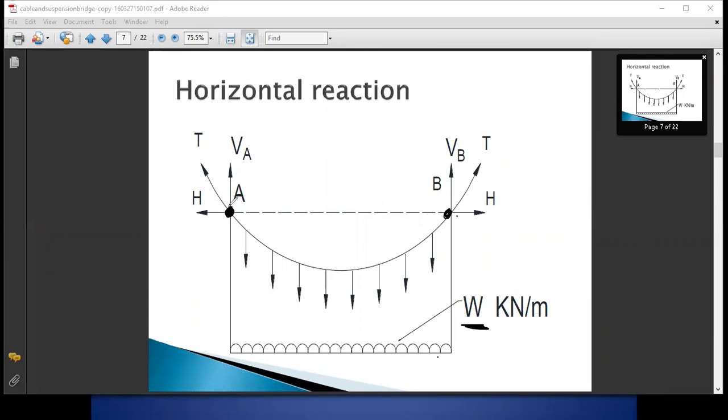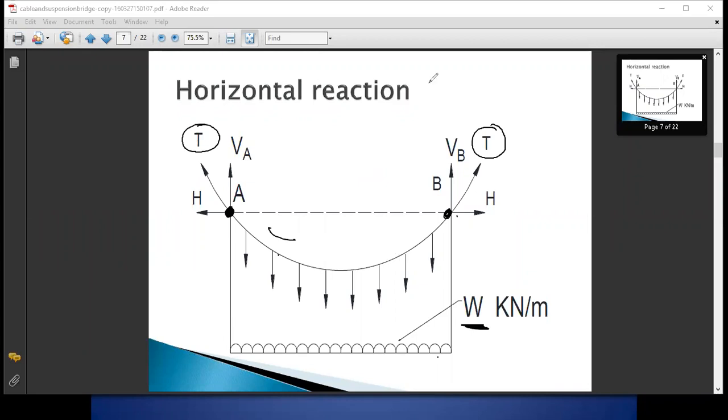So at this particular point, this cable is subjected to the tensile force, like this. This is your tension, right?